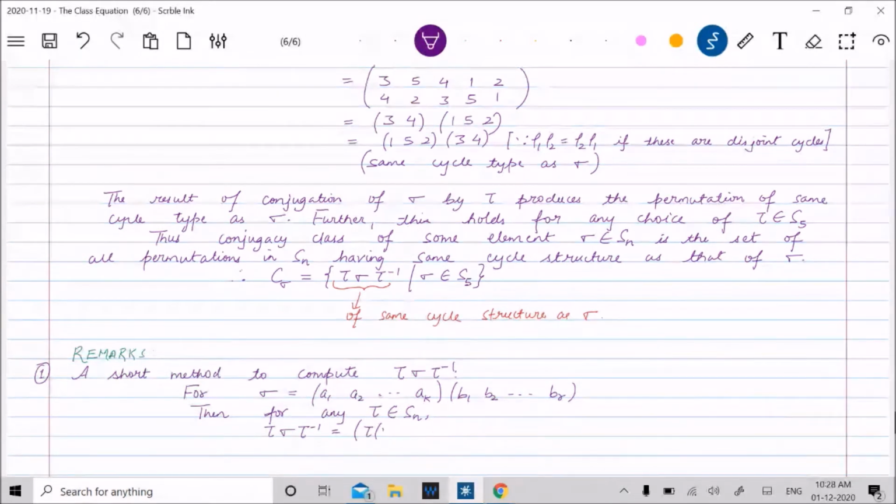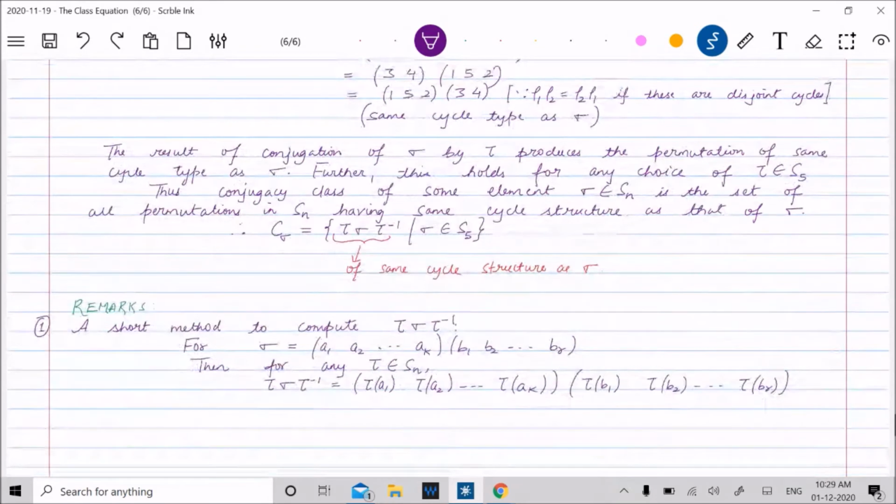It will just give the image of these elements by the permutation tau, right? Tau b1, tau b2, ..., tau br. You can see that I have just taken the image of these numbers by the permutation tau. So this is the final answer.